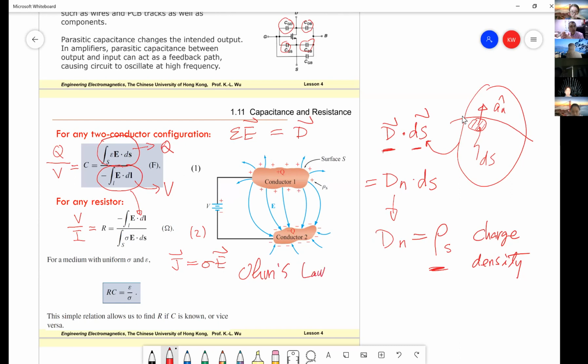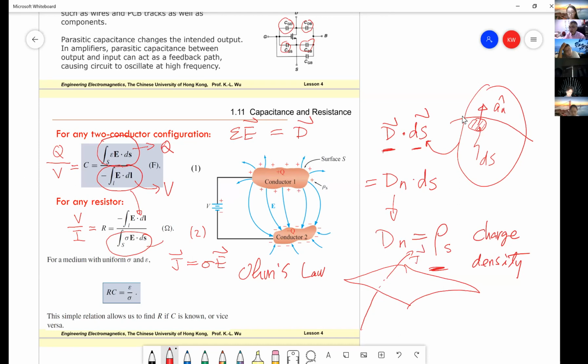Okay, Ohm's law, right? If I know the electrical field, then what is this? I have a surface, and I know the current that goes through this surface.